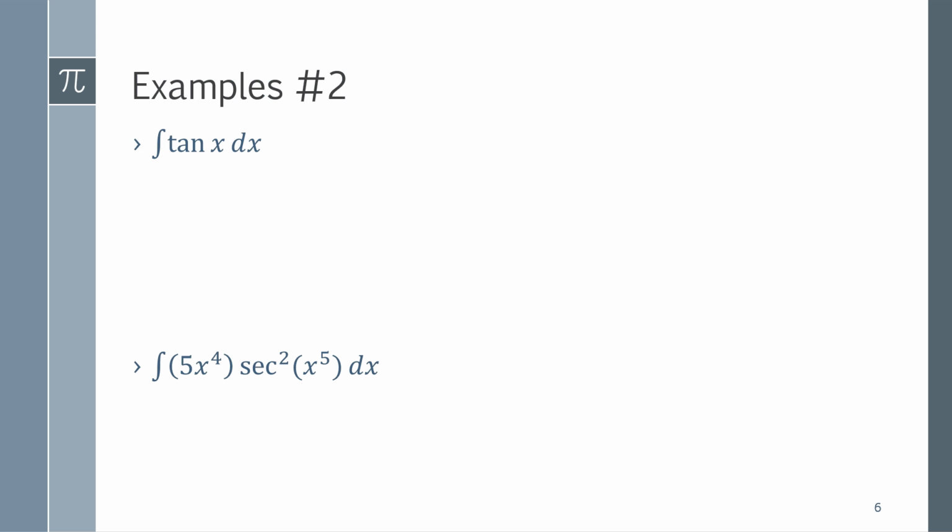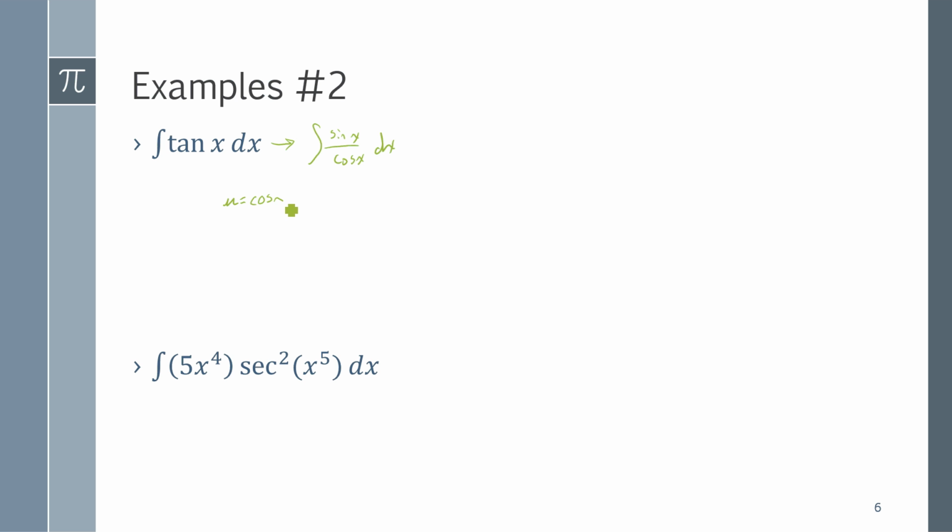But if I change tangent into sines and cosines, tangent is the same as sine over cosine. Again, I do not know anything that has sine of x over cosine of x as its derivative, so I'm going to try substitution. A good place to start with a fraction is the denominator.